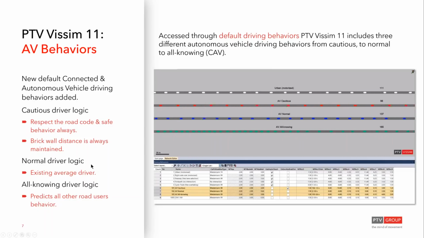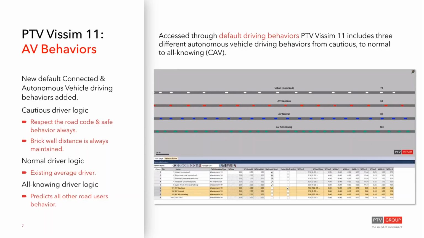Normal driver logic behaves similar to human behavior in terms of the distances they keep to each other, but we reduce all the stochastic, which is the case for all three autonomous vehicle behaviors. So there's not much variance in the car following behavior. The all-knowing driver logic is a little bit more aggressive. The assumption is that they know about all the surrounding vehicles, they detect everything, and they optimize their path to their destination, making other vehicles need to react to their behavior.